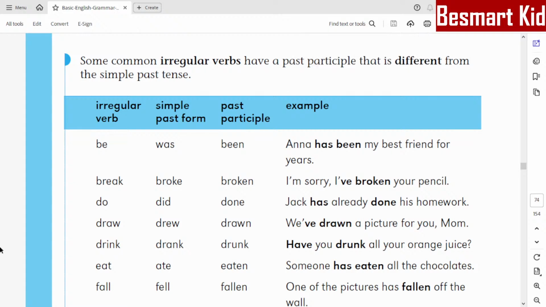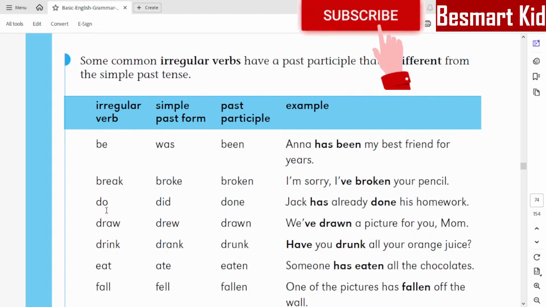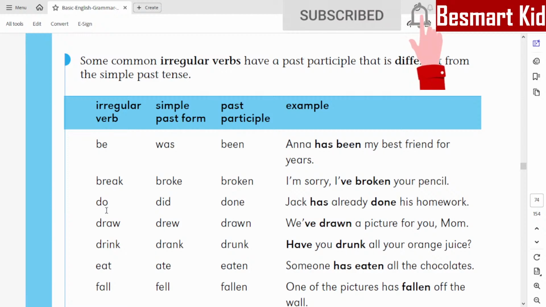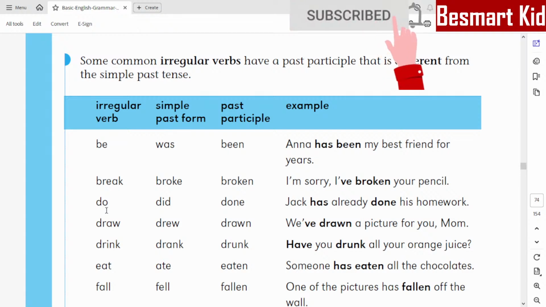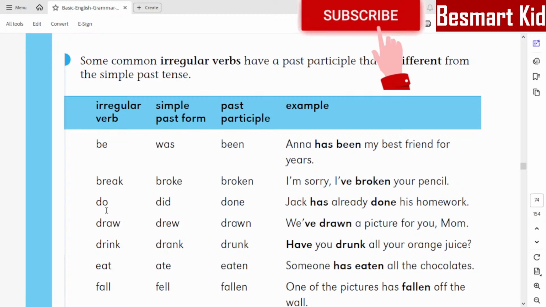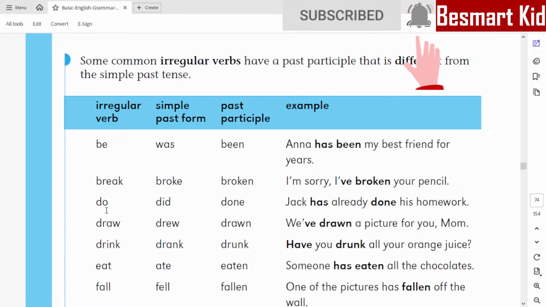Be, was, been. Break, broke, broken. Do, did, done. Draw, drew, drawn. Drink, drank, drunk. Eat, ate, eaten. Fall, fell, fallen.